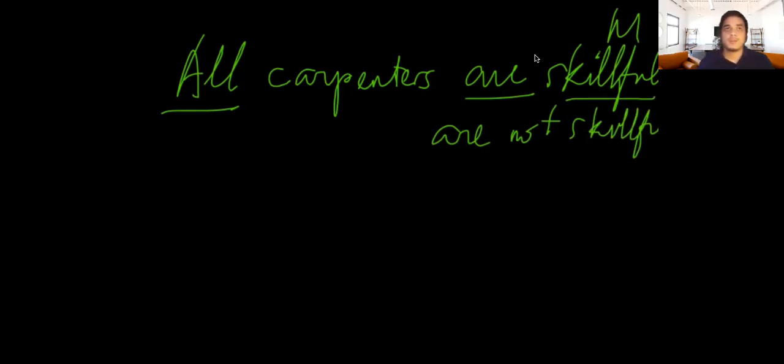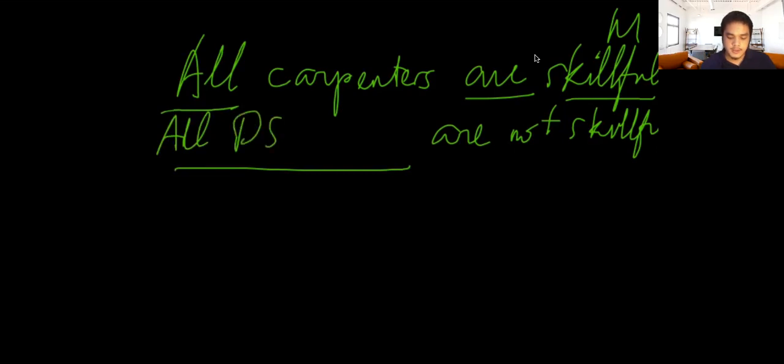Like for example, what's the best subject here? Suppose blank are not skillful. All Down syndrome patients are not skillful.